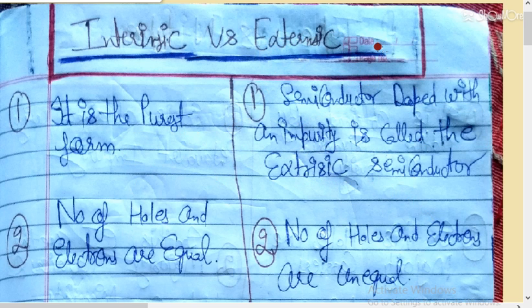We saw boron added to silicon and phosphorus added to silicon. So intrinsic is the purest form, extrinsic is the doped form, where some impurity is added.